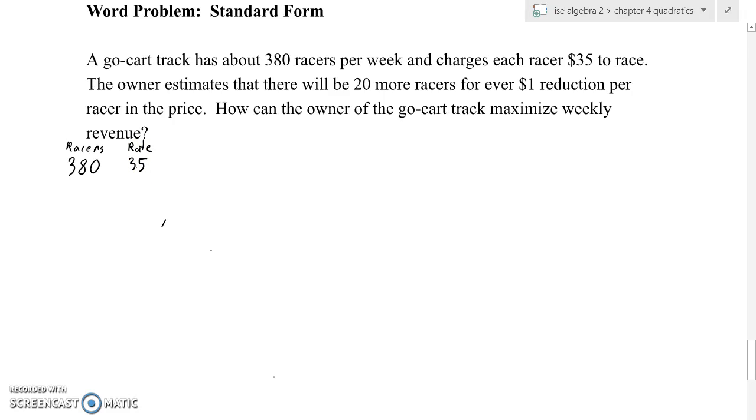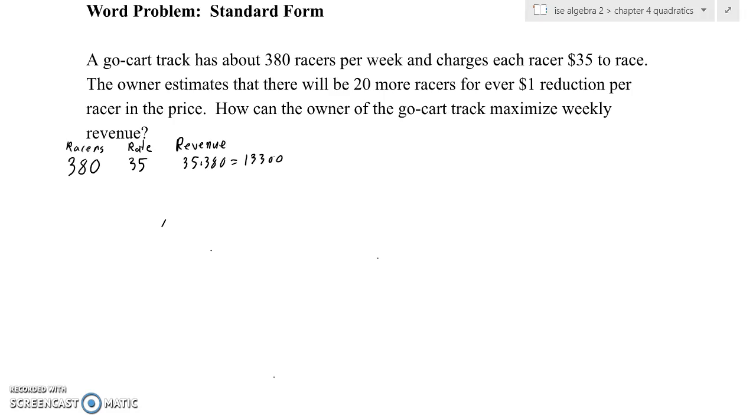And so the current revenue, you're going to multiply those things together. So 35 times 380, using your handy-dandy calculator, is 13,300.